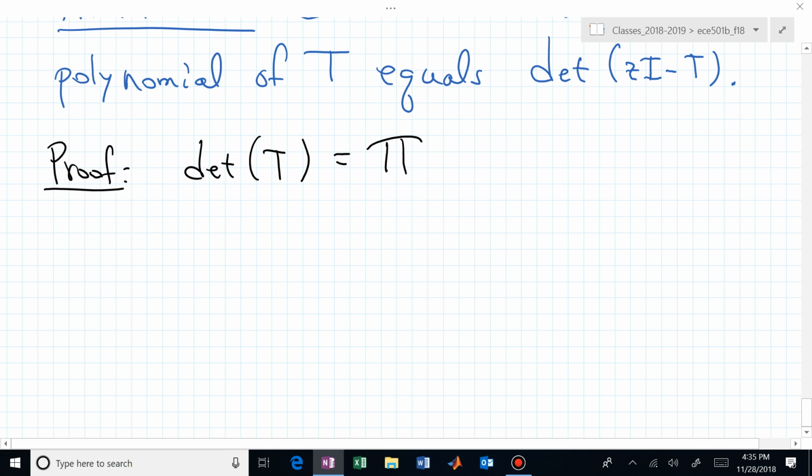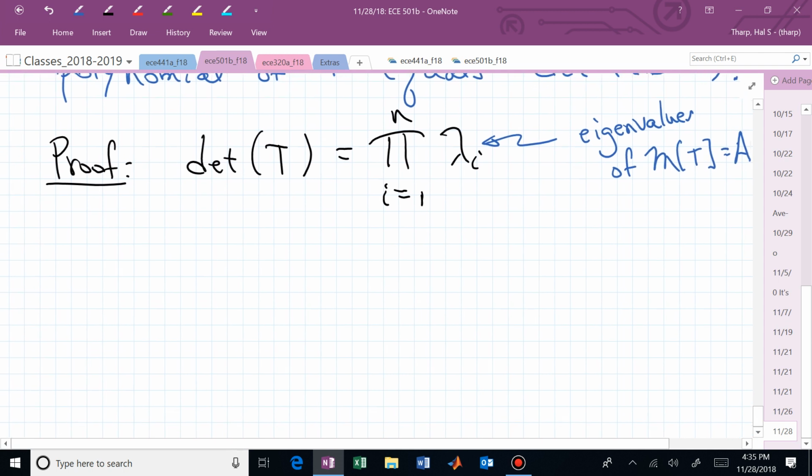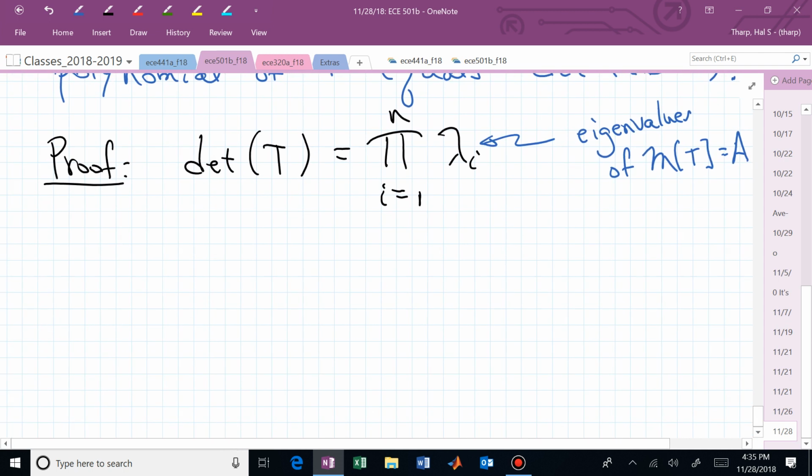It's just the product of all of the eigenvalues of this operator T. So this is the product of lambda sub i, i equals 1 to n, where the lambdas are the eigenvalues of, let's say, the matrix representation of T, which is A. Or they could be the eigenvalues of T. It's however you want to compute them.